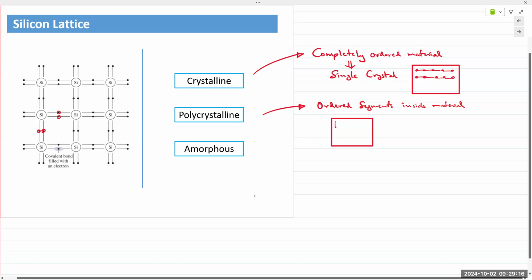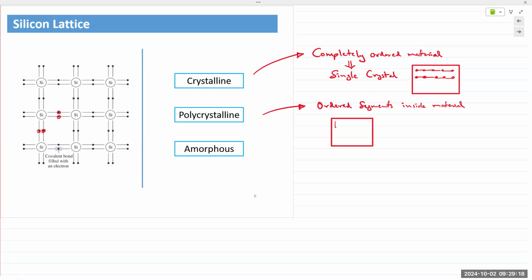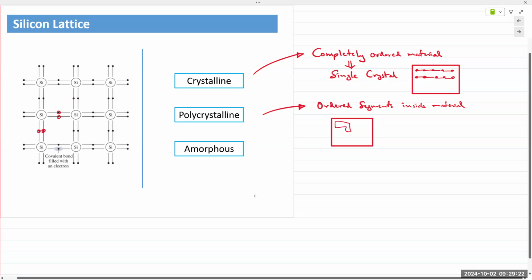So crystalline, that structure is repeated, has the same structure throughout the material. In polycrystalline, you have ordered segments, but there's a break and it's not quite fully crystalline.